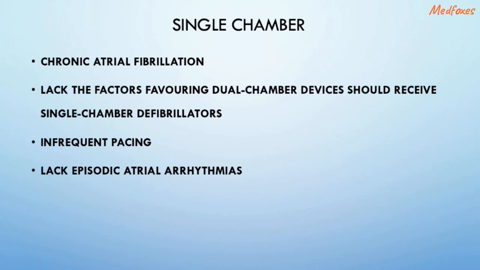In addition to simplicity and longevity, single chamber device benefits include fewer complications. For patients who have infrequent pacing, who lack episodes of atrial arrhythmia, and who do not have a specific condition that warrants dual chamber devices, single chamber devices are preferred.